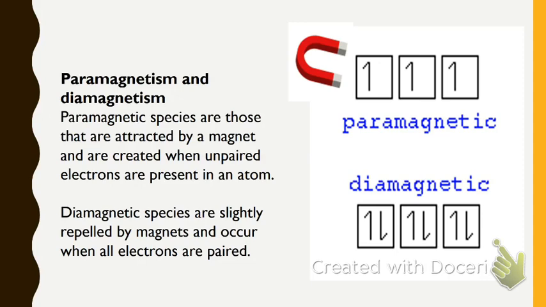For instance, zinc would be diamagnetic because all of its electrons would be paired, as would all of your noble gases. Zinc is going to have 3d10 4s2, everything's paired up, so it would not be attracted to a magnet. Does that make sense? Everybody staring at the periodic table.